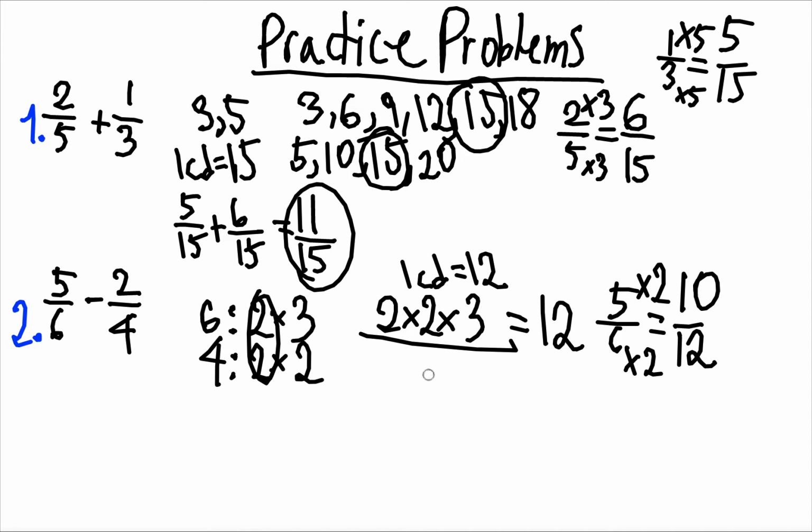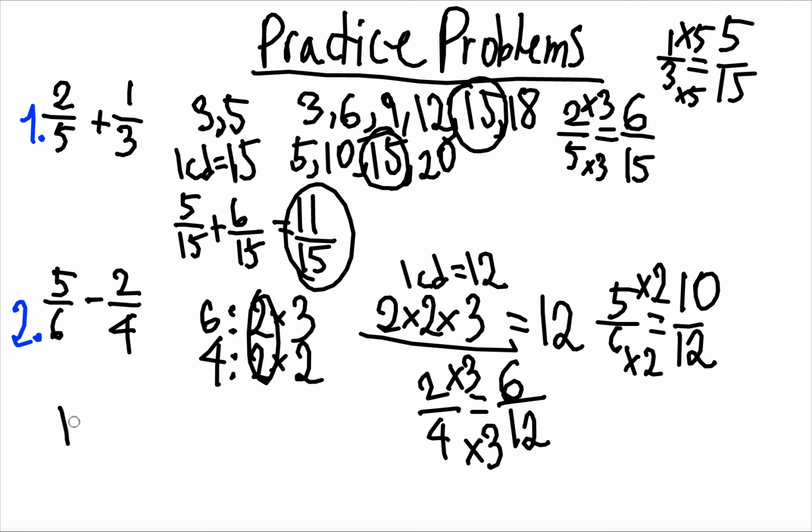Now we need to do that for 2/4. 2/4 equals something with the denominator of 12. Now I know 4 times 3 equals 12, so I need to multiply 2 times 3 to get an equivalent fraction, and 2 times 3 is 6, which means that my equivalent fraction is 6/12.